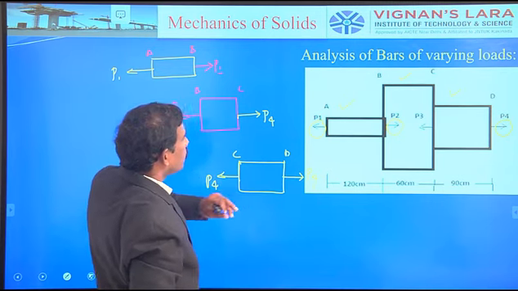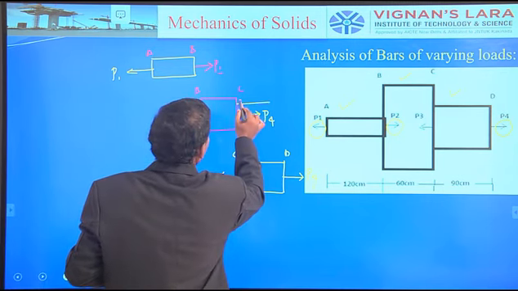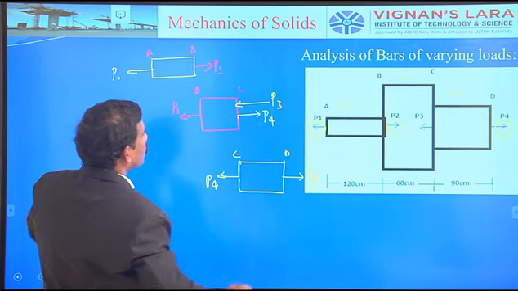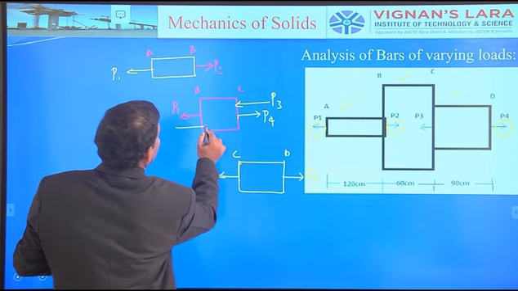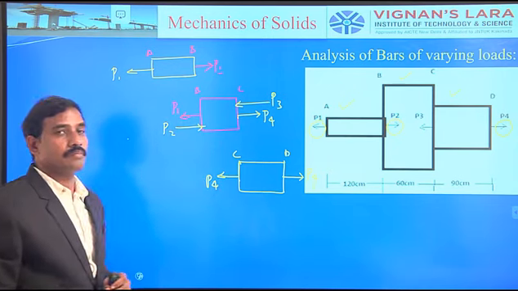The actual force acting on the member towards the body is P3. The actual force acting on the portion BC is towards right, that is P2. This is very, very important one.